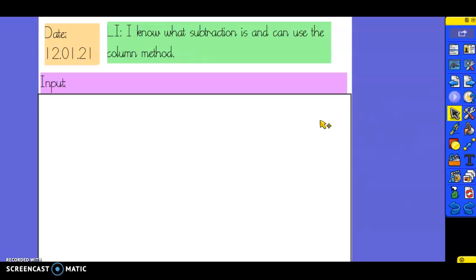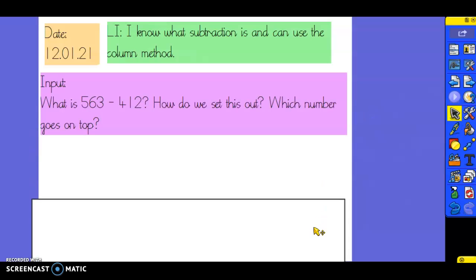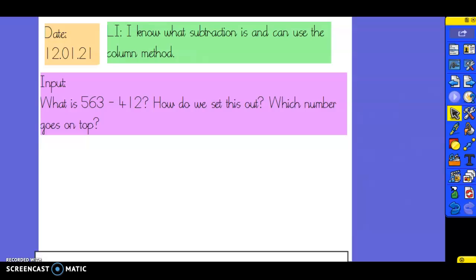So, our input today. What is 563 subtract 412? How are we going to set this question out? So think about that question now, and remember, as always, which number goes on top with a subtraction? Yes, it is always the largest number that goes on top.